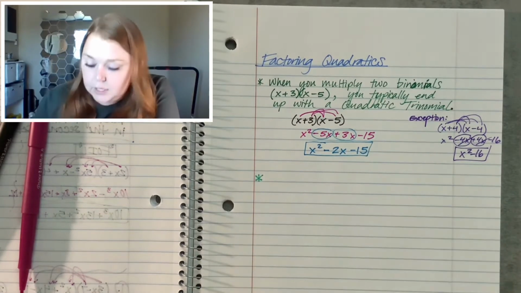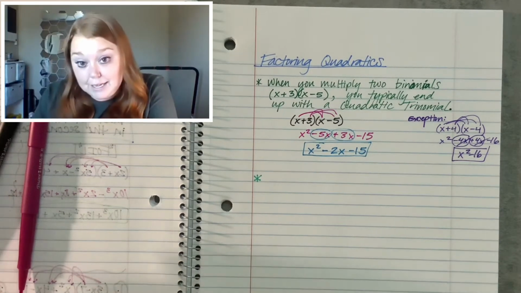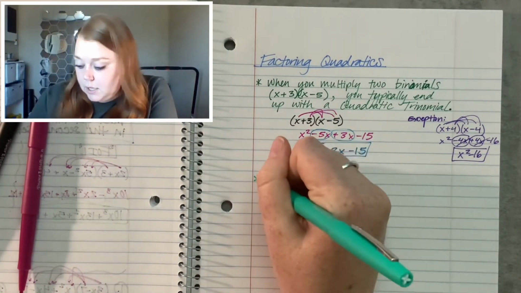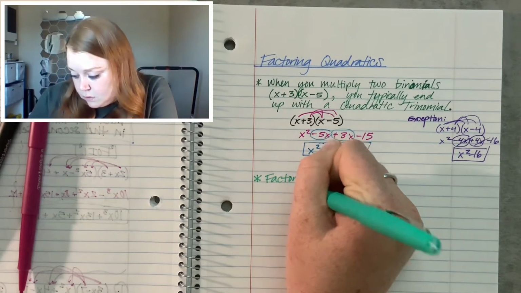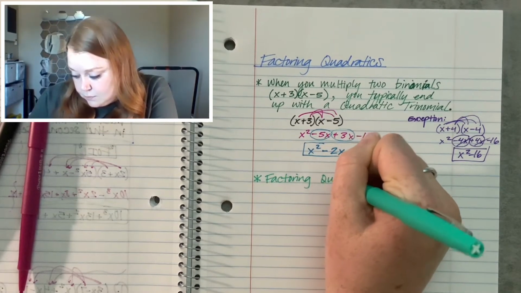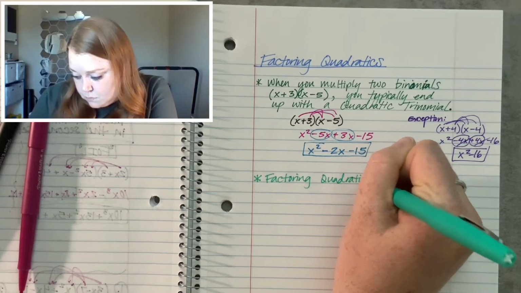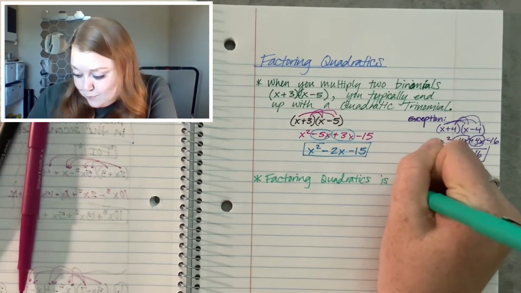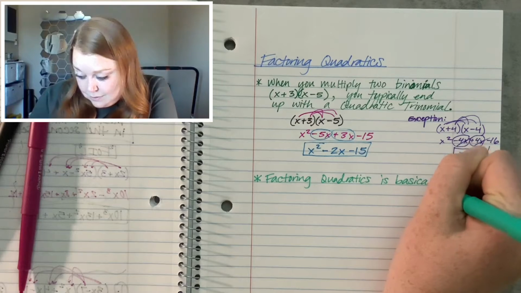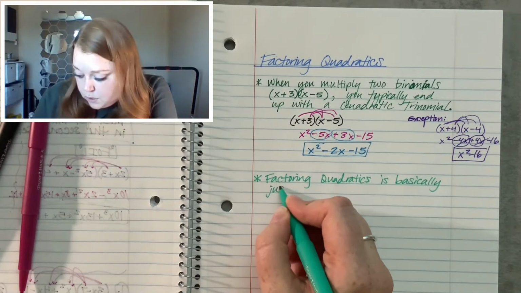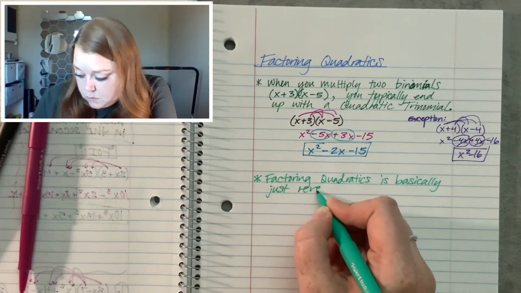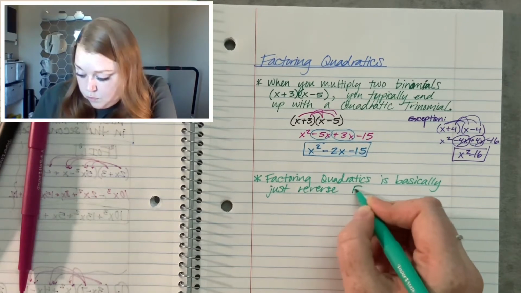How I want you to think of factoring quadratics specifically is I want you to tell yourself that factoring quadratics is basically just reverse FOIL.